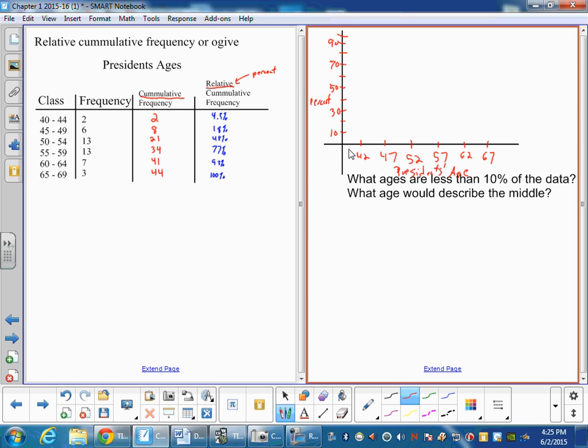And now we plot these values. 4.5% is going to be about here. 18% is going to be about there. Then we jump up to 48%. And then 77%.